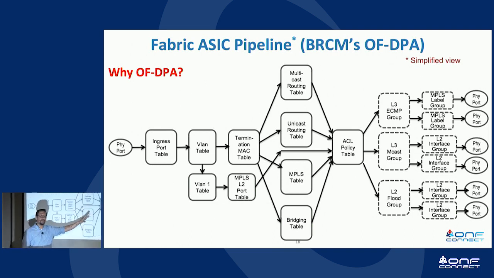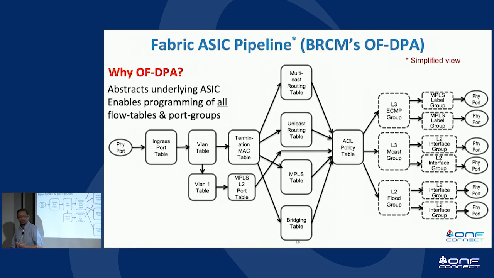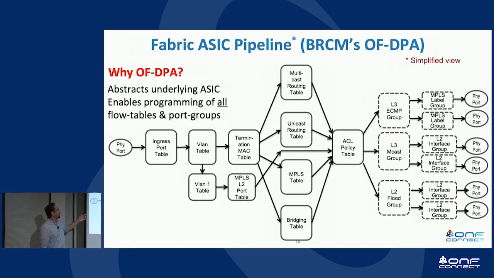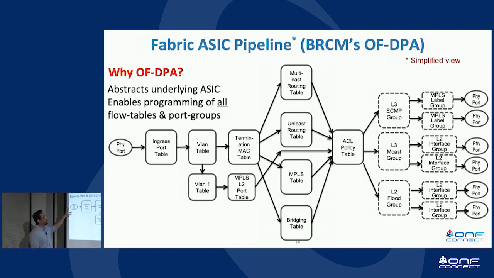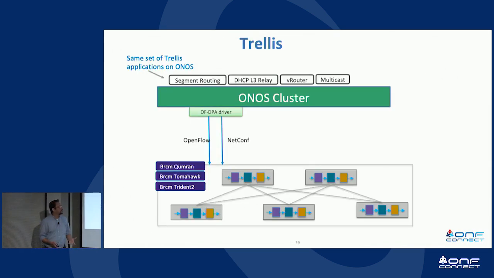Do you want to do ECMP groups, multicast groups, whatever be the case, right? We have that ability to program these tables, and then under the hood OFDPA matches those tables to what the actual pipeline is inside these different ASICs.